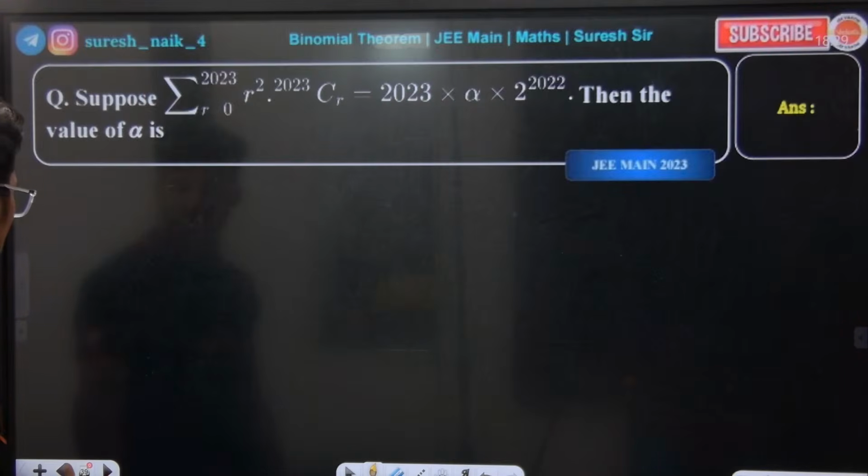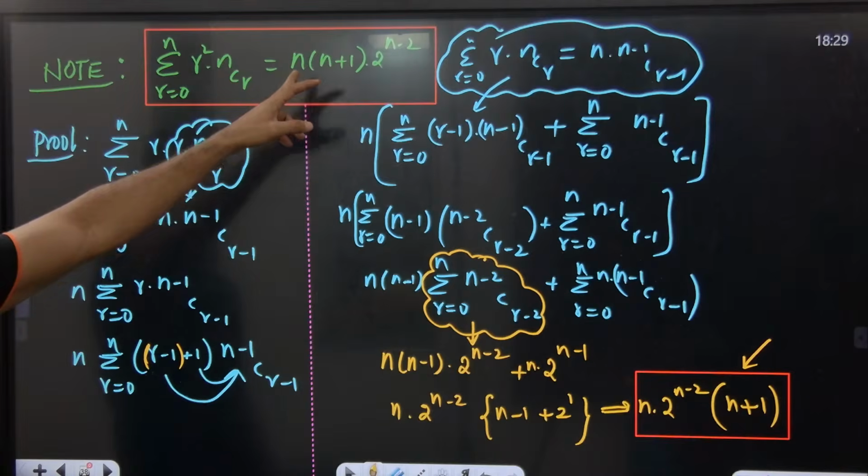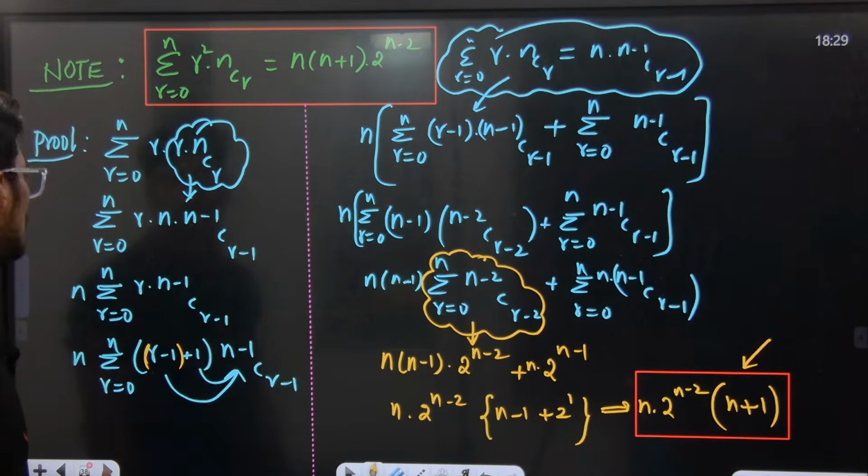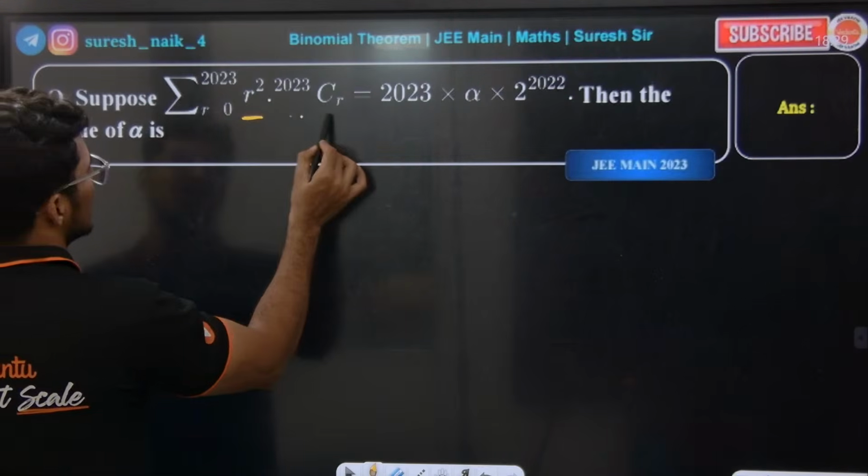Now look. r square into nCr gives n into n plus 1 into 2 power of n minus 2. Okay? Now it looks like r square into nCr, right?